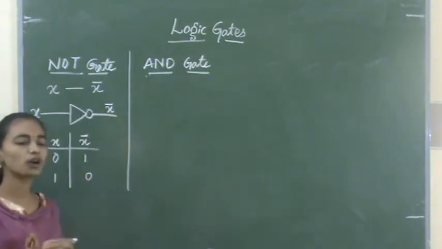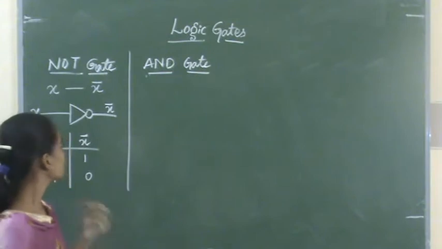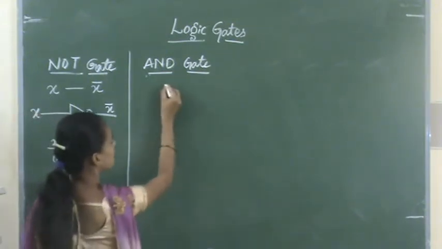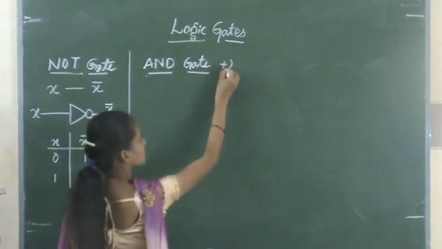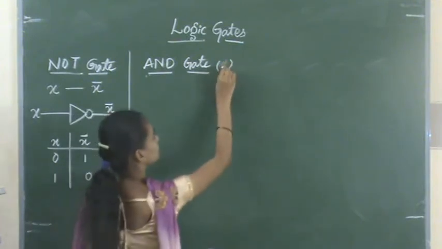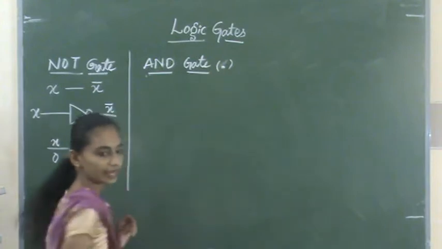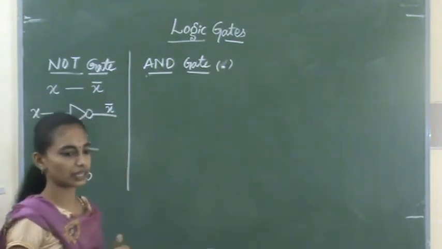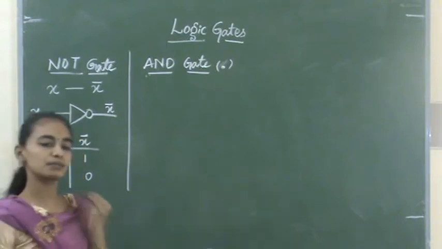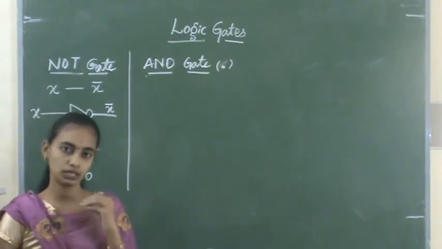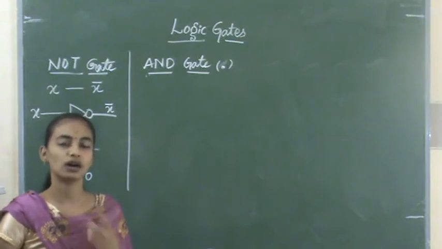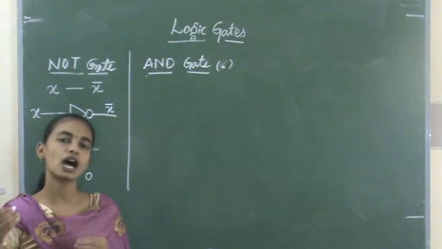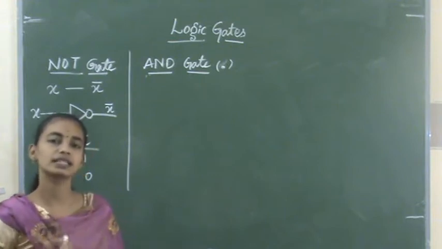How does the AND gate work? For the AND gate we use the symbol into, meaning dot, which represents logical multiplication. If both inputs are true, meaning high or 1, then the output is also 1, otherwise it is 0.